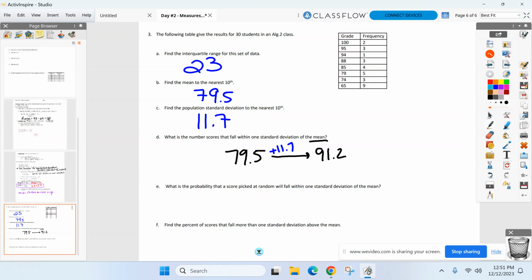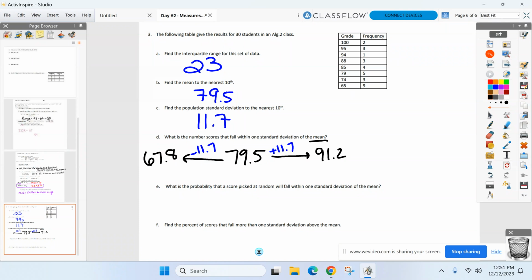So what do you think I'm going to do with the standard deviation now? Darn right, subtract it. So now I subtract 11.7, and I end up with a score of 67.8. So anything between 67.8 and 91.2 is considered within one, in between.